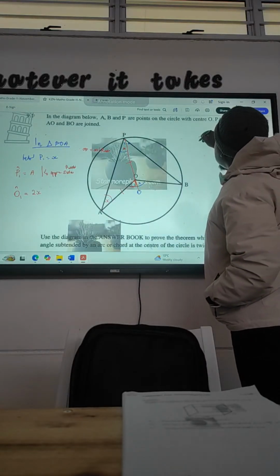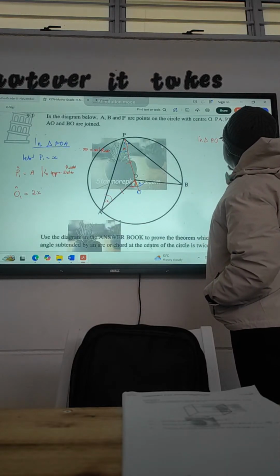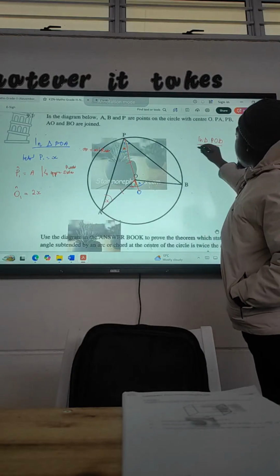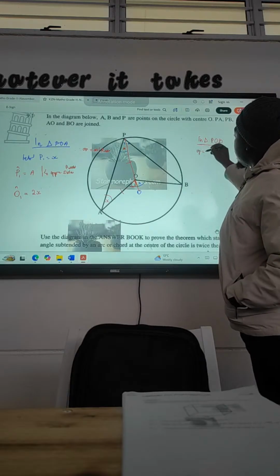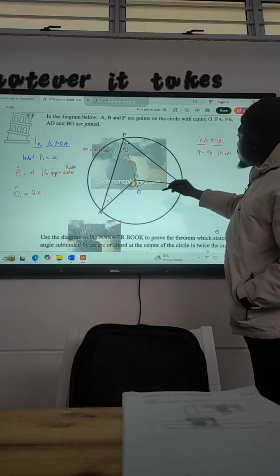To say now in triangle POB, we know that OP is equal to OB, because those are radii.